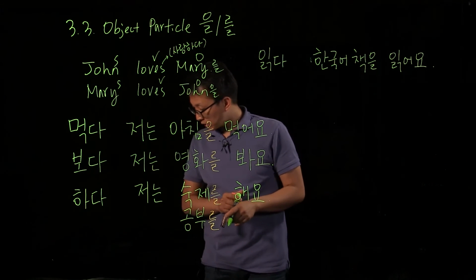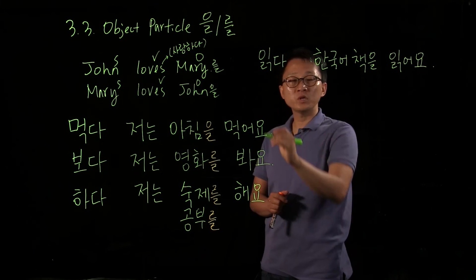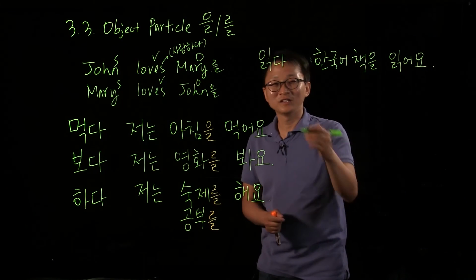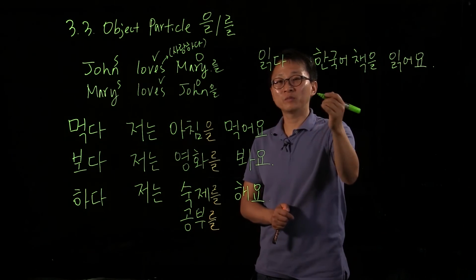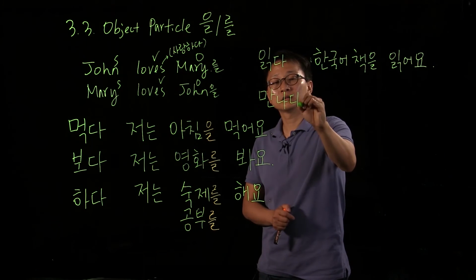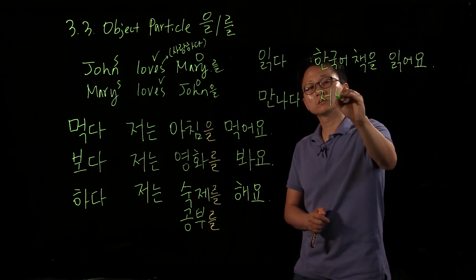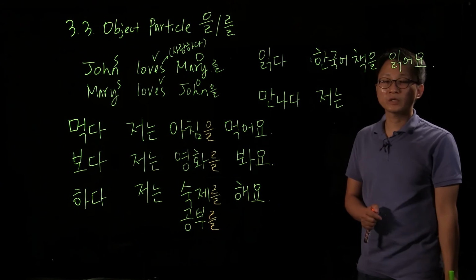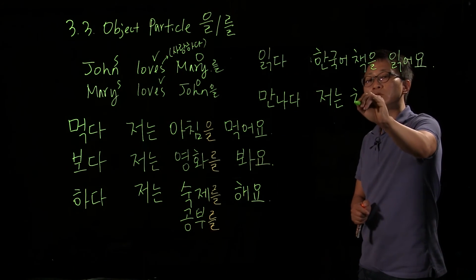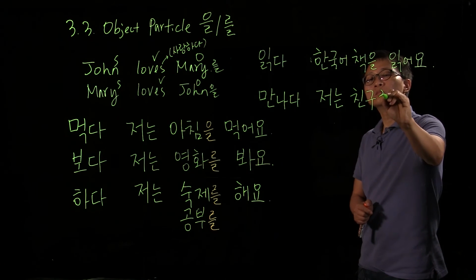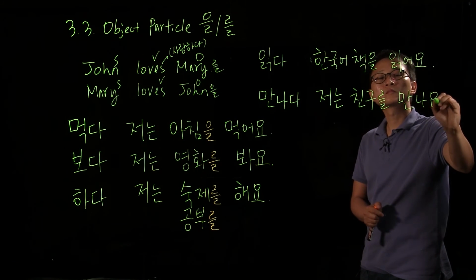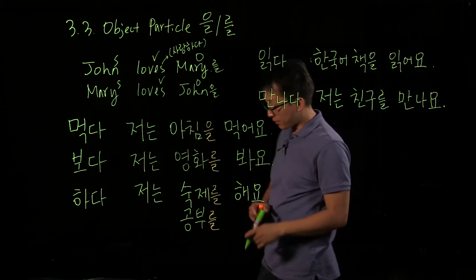And what else? To meet. I meet what? So whom? 친구. Let's say I meet my friend. 만나다 그러죠. 만나다. 저는 simply 친구를 만나요 is okay. Or you can specify your friend's name. 저는 John을 만나요. 저는 친구를 만나요.